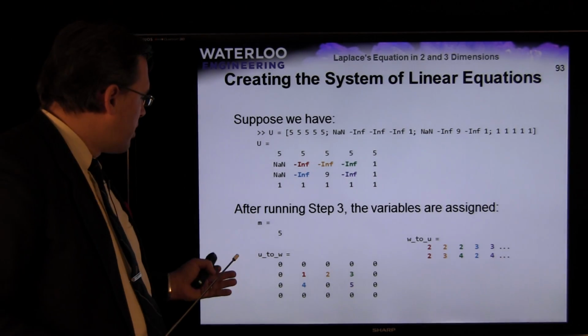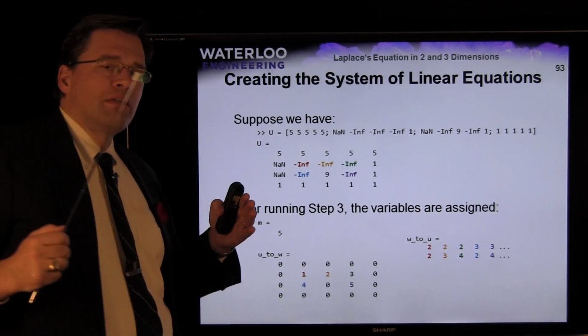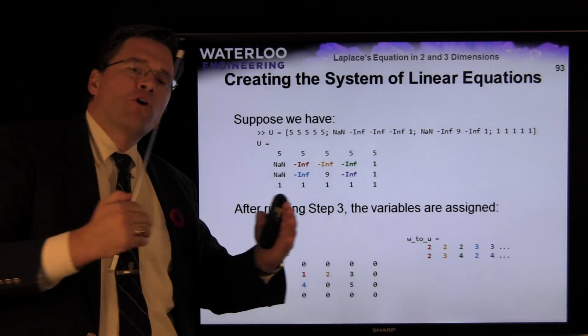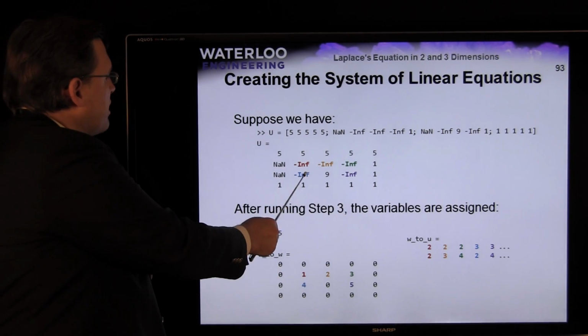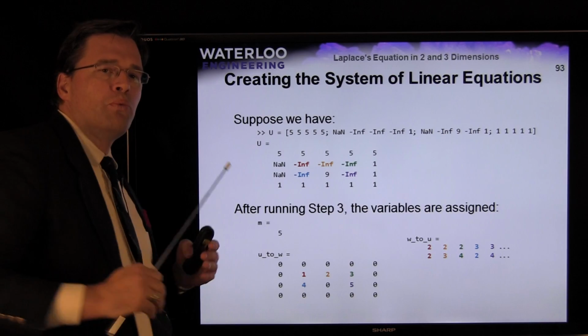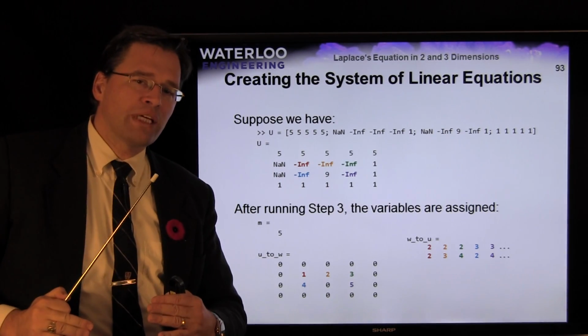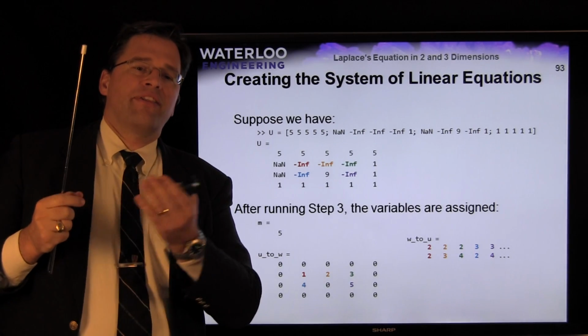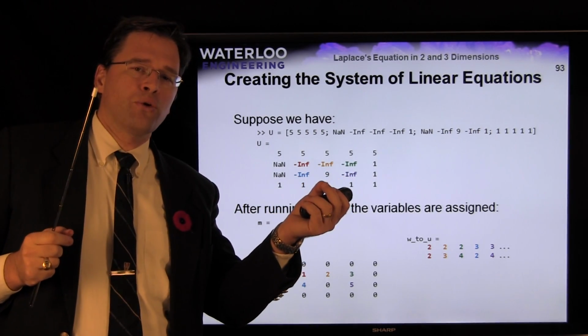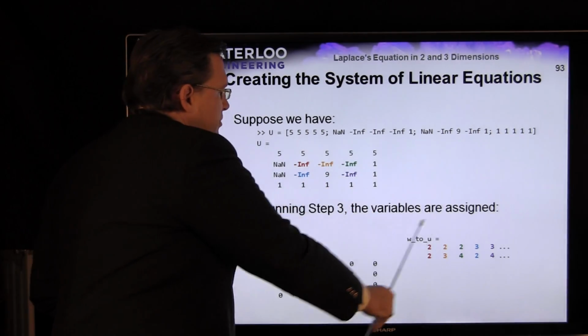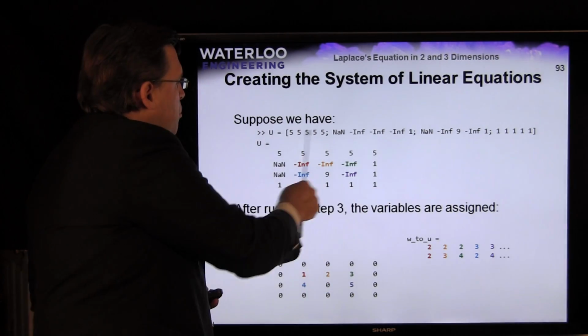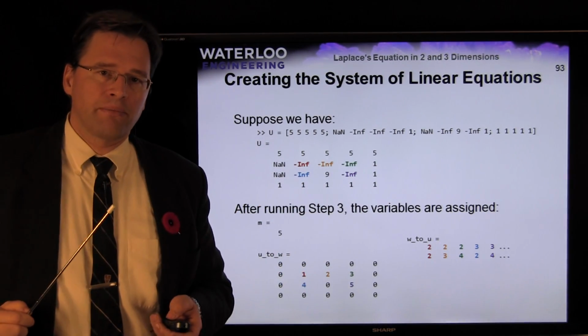So these two matrices are going to allow us to go back and forth. If we have a point in the matrix, we know which of the n equations or unknowns it's associated with. If we have the fact that it is the 7th unknown, we can go to the 7th column of this matrix to find out where that point was in the original matrix.